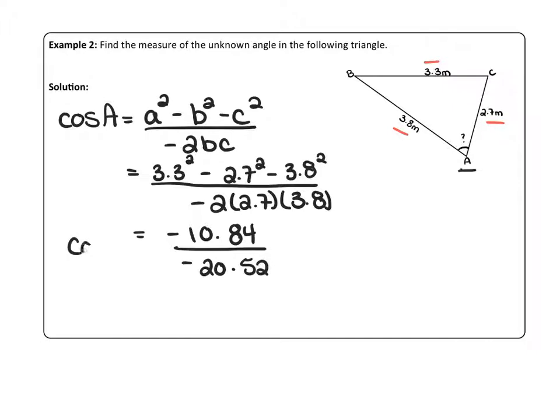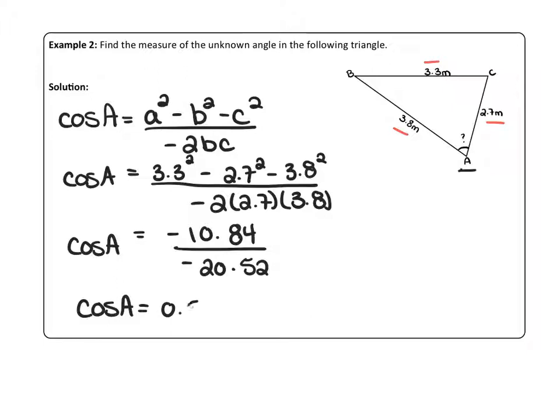And we're still cos of A. Should write that all the way down. So now we'll just divide. So minus 10.48 divided by negative 20.52.